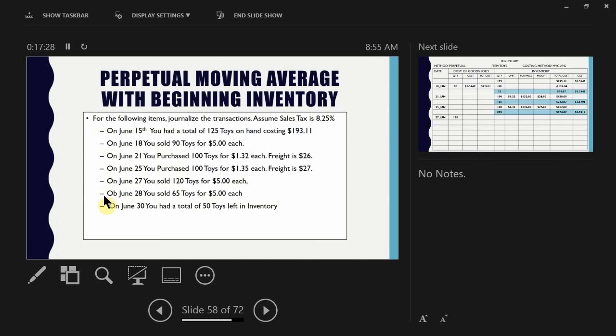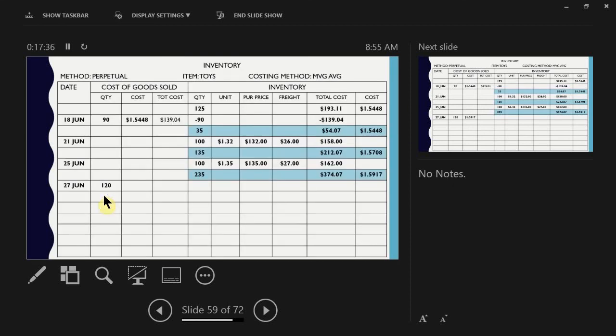So here on June 27th, you sold 120 items for $5 each. Okay. So here we're taking our 120. We're going to be taking the only batch that is there, which is going to be my 159.17. Because it doesn't matter when we sell it.